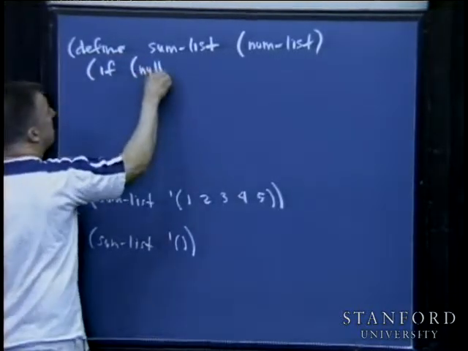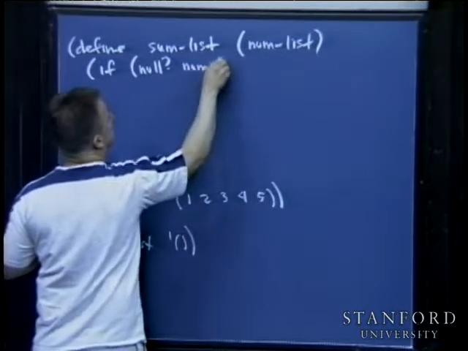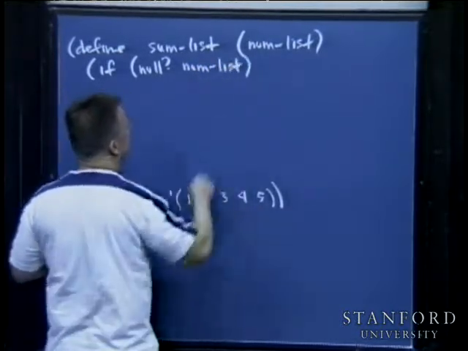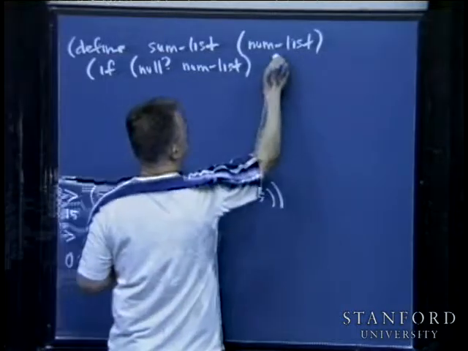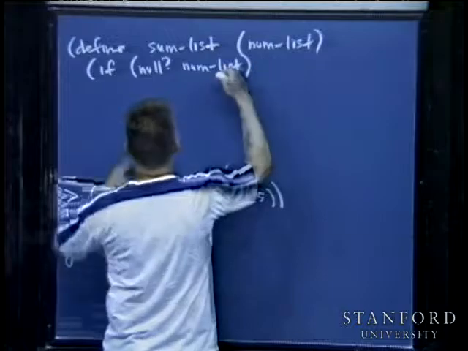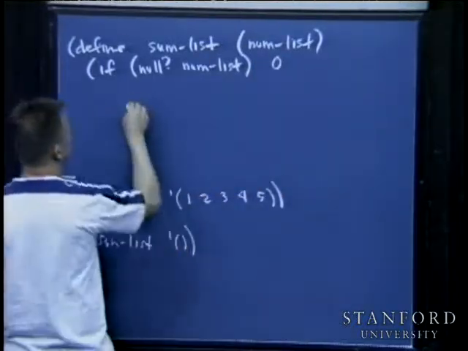If it is the case that null of num-list comes back with a true, then it evaluates this expression, so the if evaluates to 0 and the overall sum-list expression evaluates to 0.